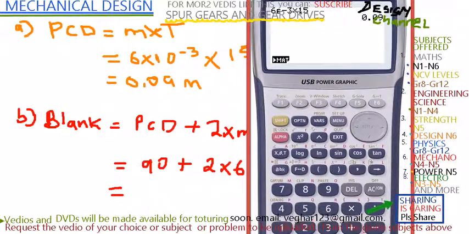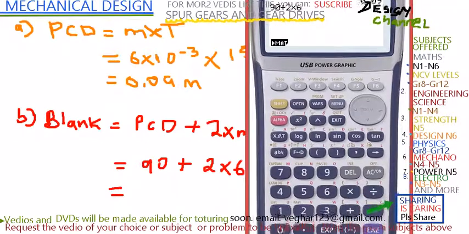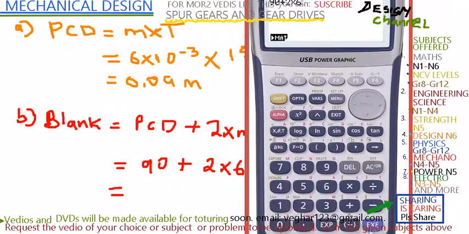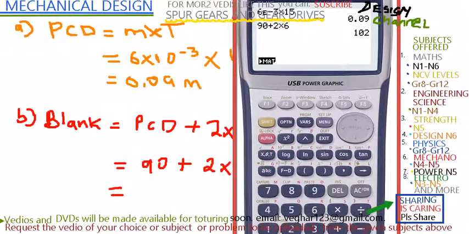Calculating this, we say 90 plus 2 times 6, which is equal to 102.